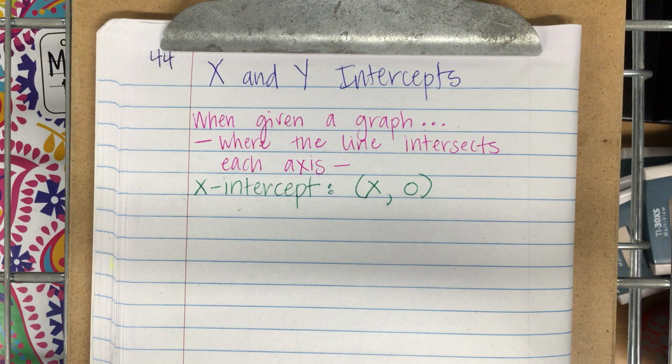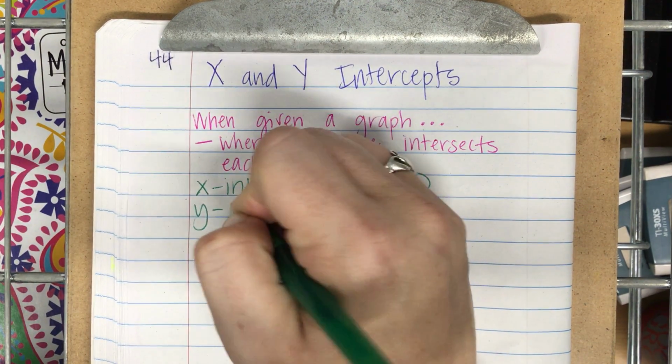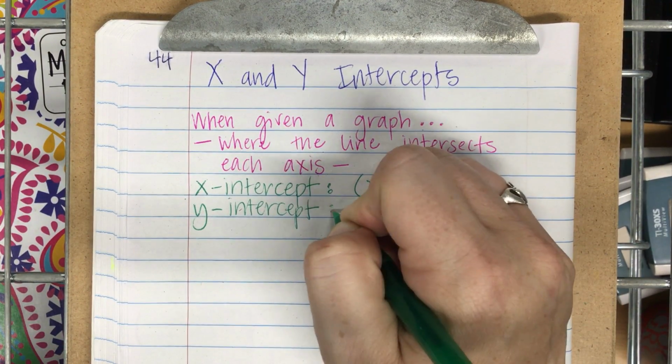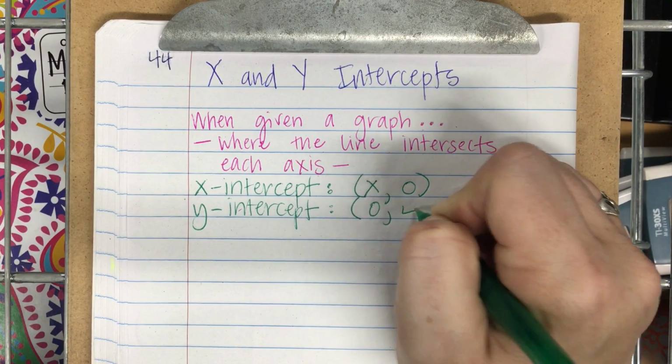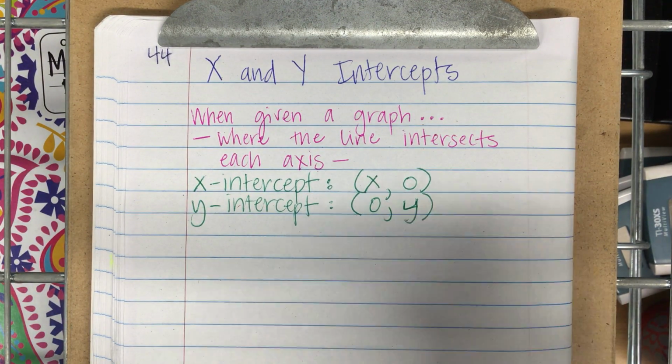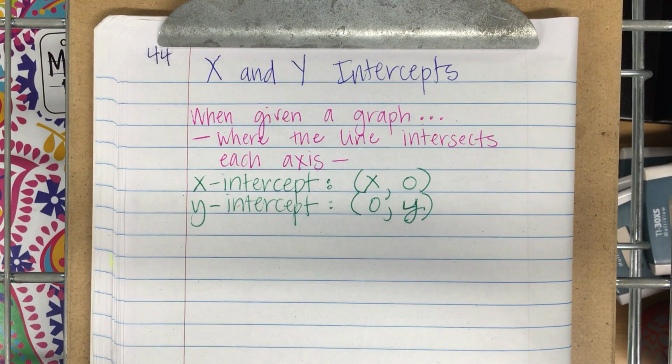If it intersects at -5 on the x-axis, the ordered pair would be -5 comma 0. And the y-intercept would be 0 comma y. So it's written as an ordered pair because it's on a graph.